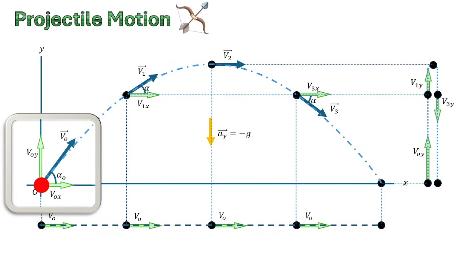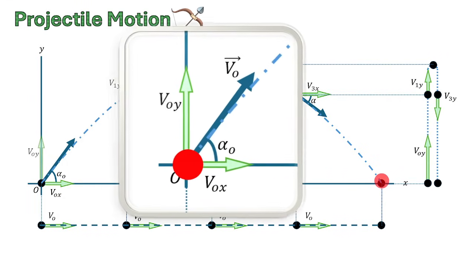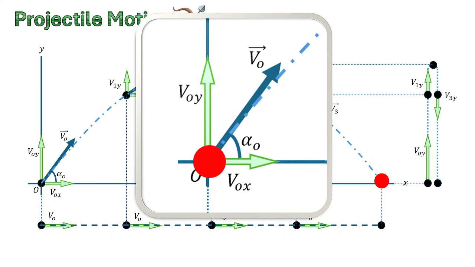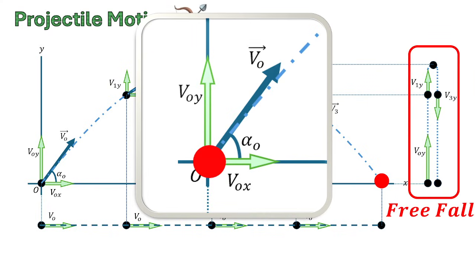Since we will be dealing with vectors, we have your magnitude and we also have your direction. Let's enlarge this picture. Before I forget, this is the most appropriate representation of our free fall second special case. So we have V0y. V0 is the resultant, and alpha naught, and V0x.